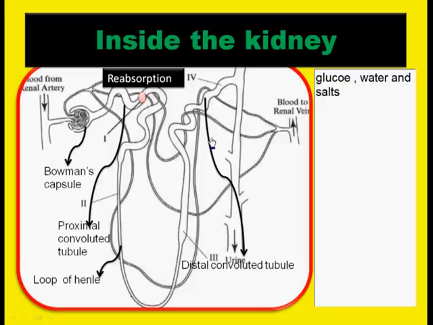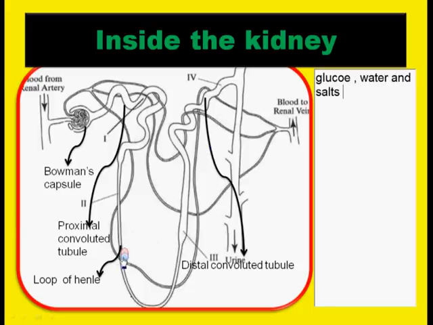Alright. Now, let's see what happens after that. Okay, the filtrate now continues all the way down to the loop of what? Henle. And what happens right at the loop of Henle?